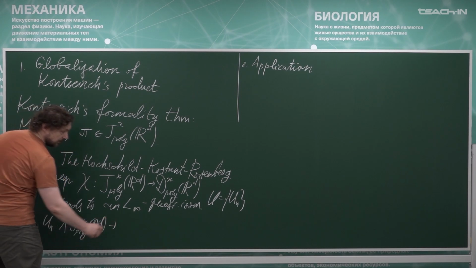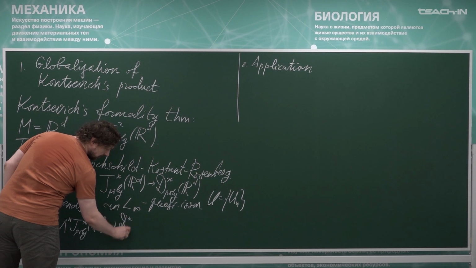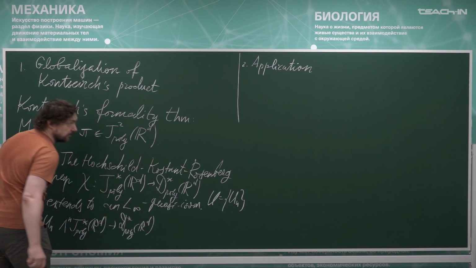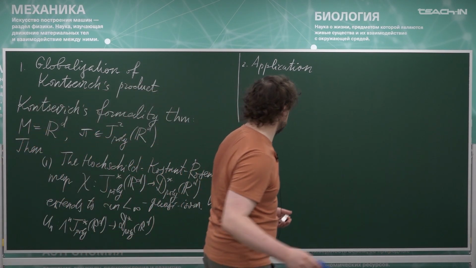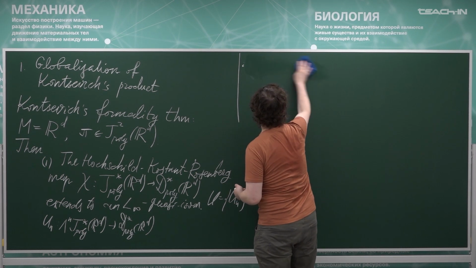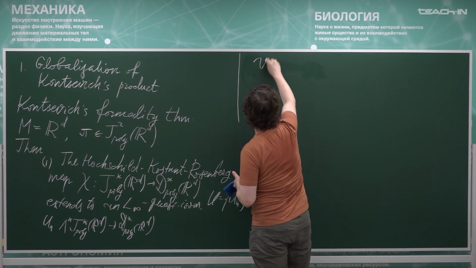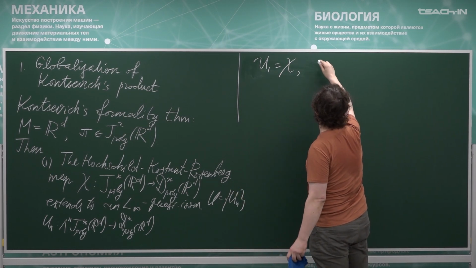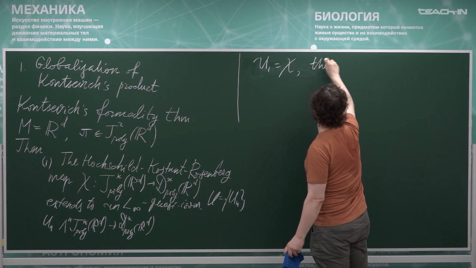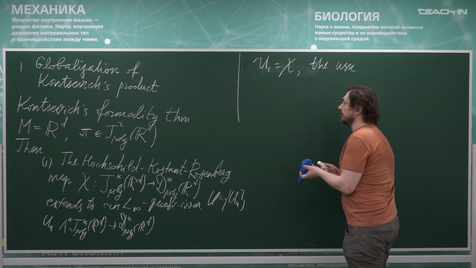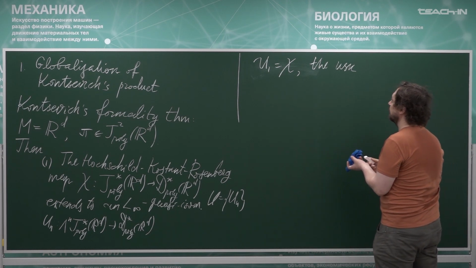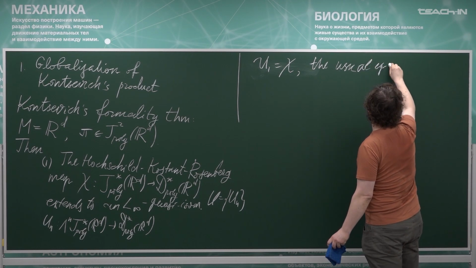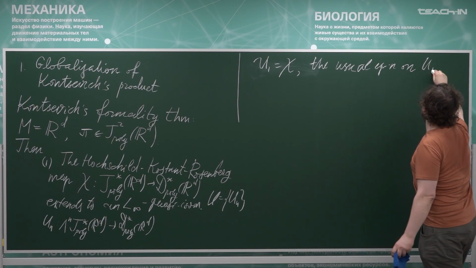To D_poly of Rd, such that U_1 is equal to the Hochschild-Kostant-Rosenberg map, and the usual equation, I'll recall this in a few minutes, a bit later, on U_n holds.